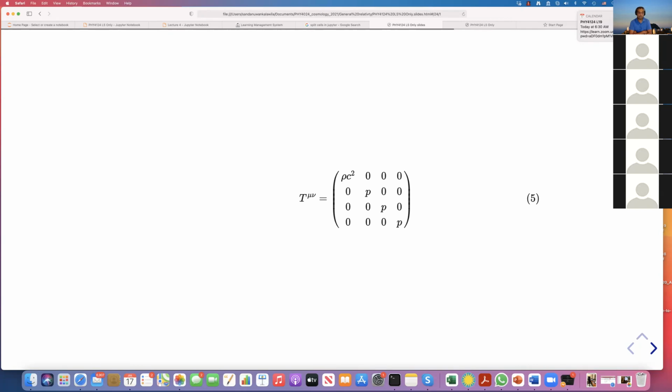Because when you have 0 viscosity, you don't get the shear stress terms. Since you have dust plus pressure, you will have all these diagonal components where the pressure is represented. So that's how it is reduced.